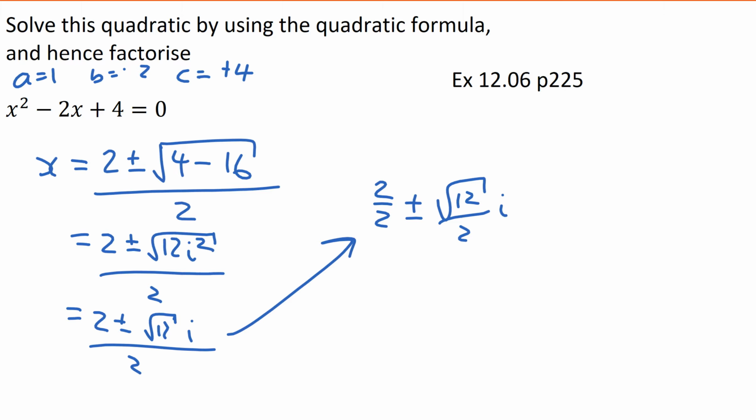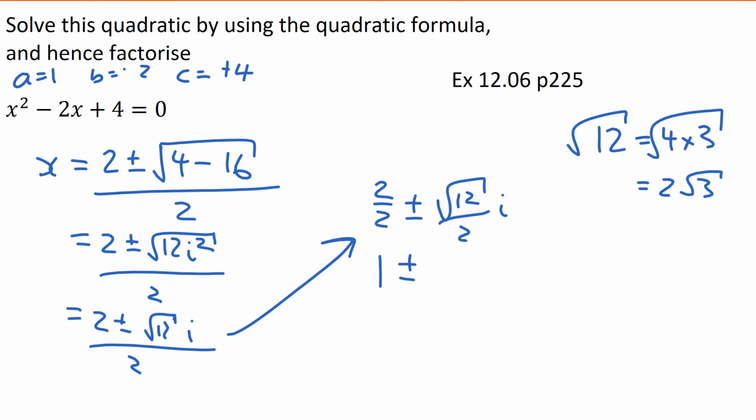But root 12, is that 4 times 3? 12 is 4 times 3, eh? Yep, so root 12 is the same as root 4 times 3, which is the same as 2 root 3. Okay, so this is 1 plus and minus 2 root 3i over 2.